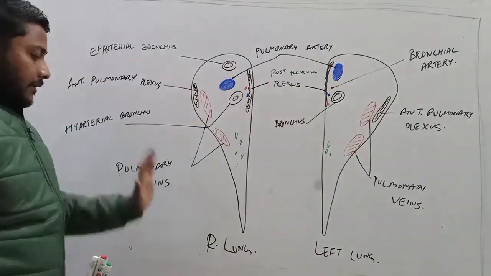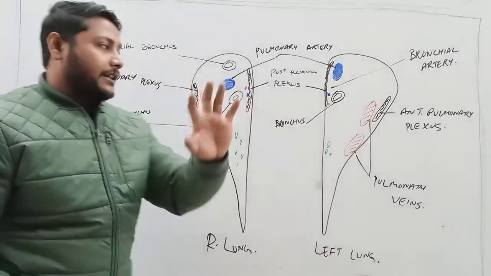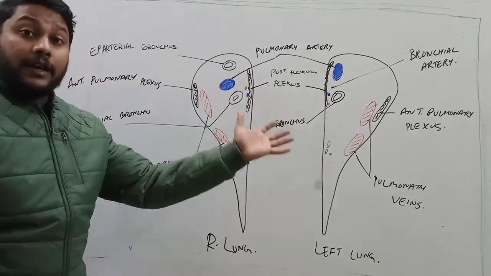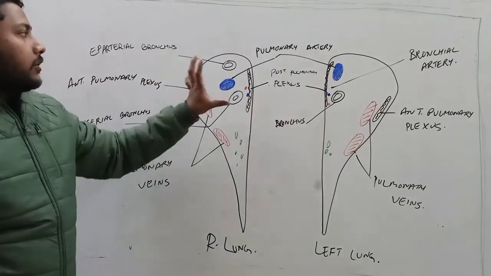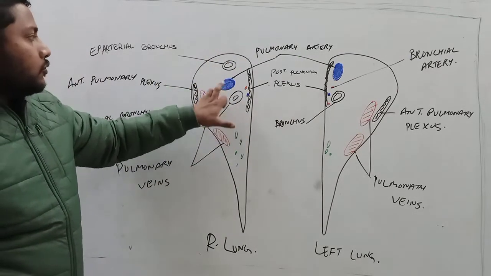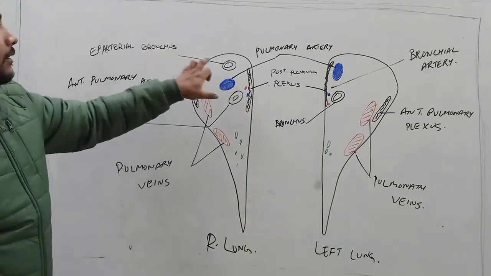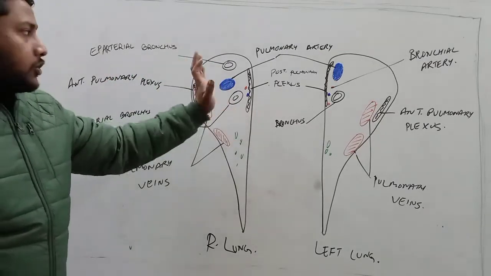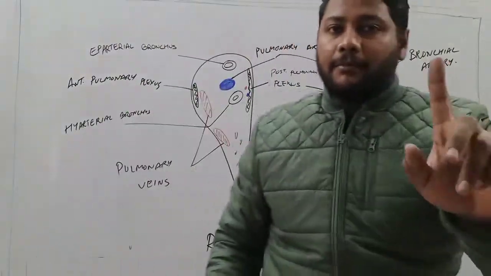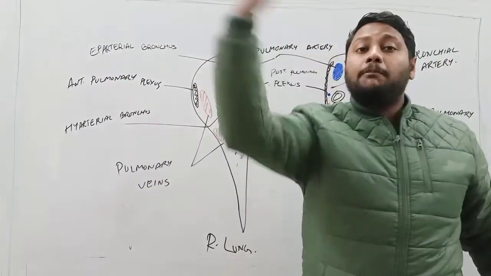First, let us look at the right lung. What are the structures present in the root of the right lung? On the topmost portion, you can see that we have two bronchus, known as the eparterial bronchus and the hyparterial bronchus. Remember, the bronchus is present on the posterior part.